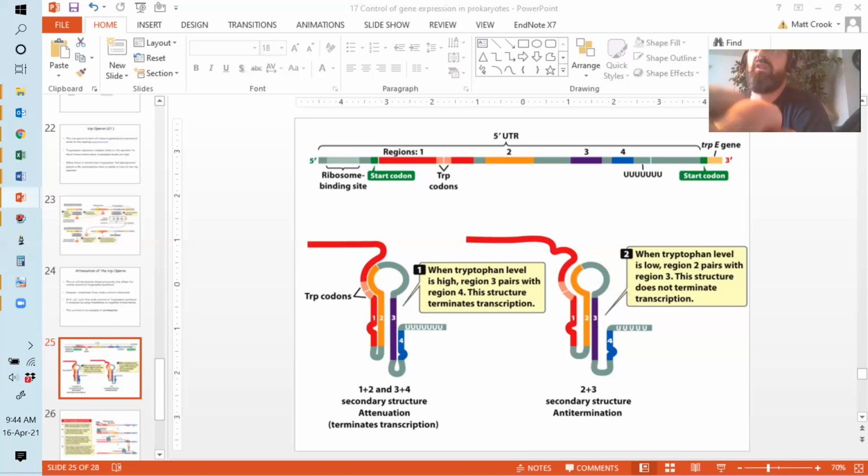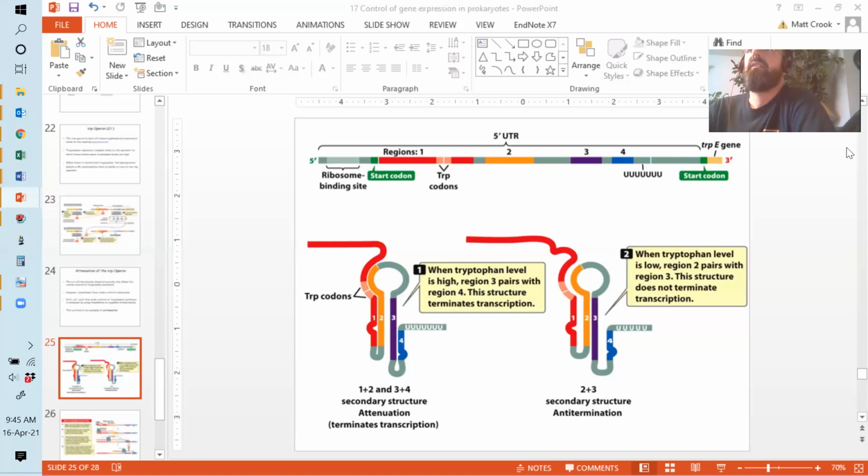So if tRNA TRP is not present, the ribosome stalls over region 1, which allows region 2 and 3 to form a loop.